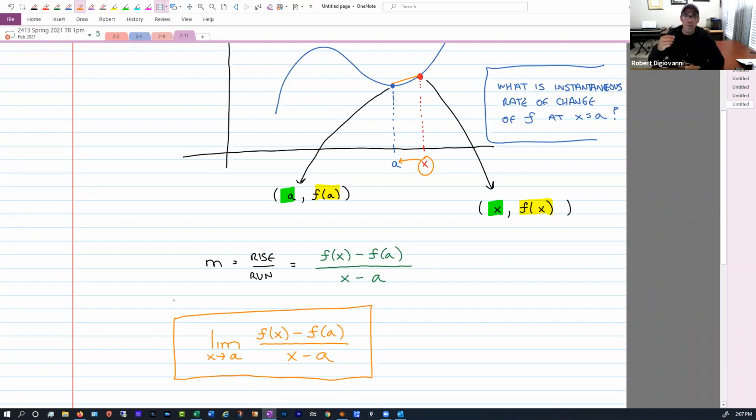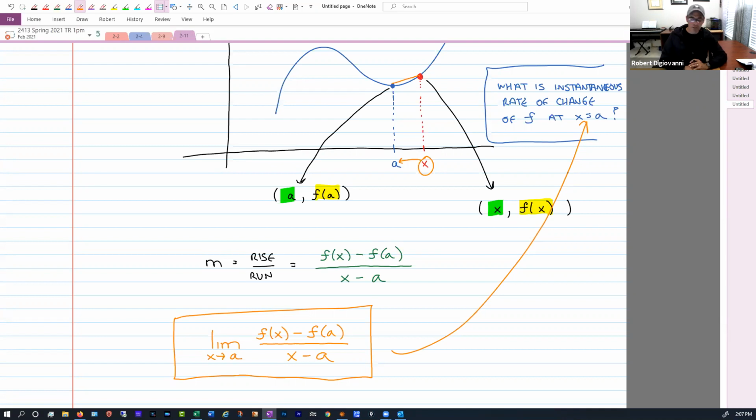If you want to know the instantaneous rate of change of a function at some value A, then you need to calculate that limit. If you can calculate that limit, you're in business. And later on, we're actually going to call that the derivative, but right now we're just going to leave it alone.